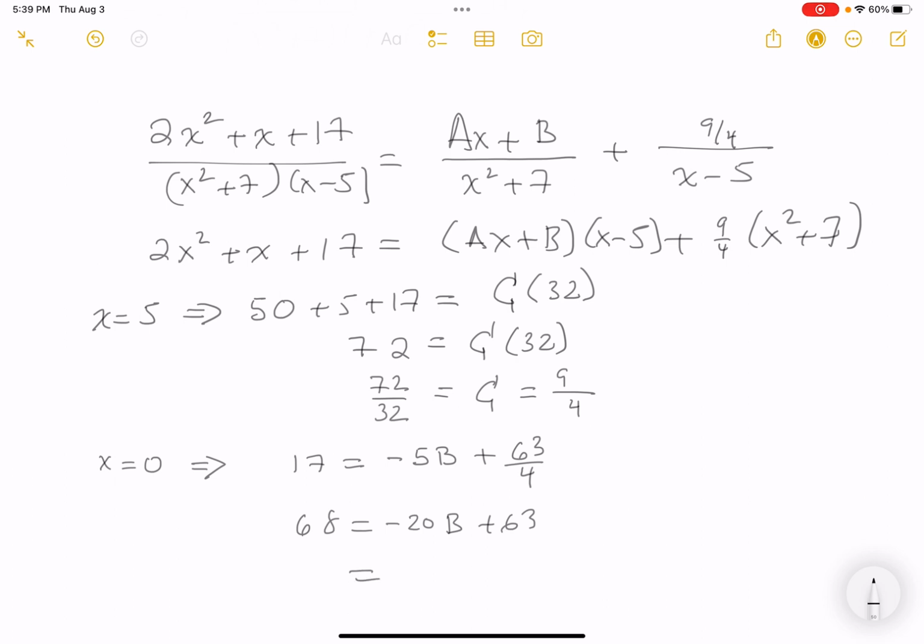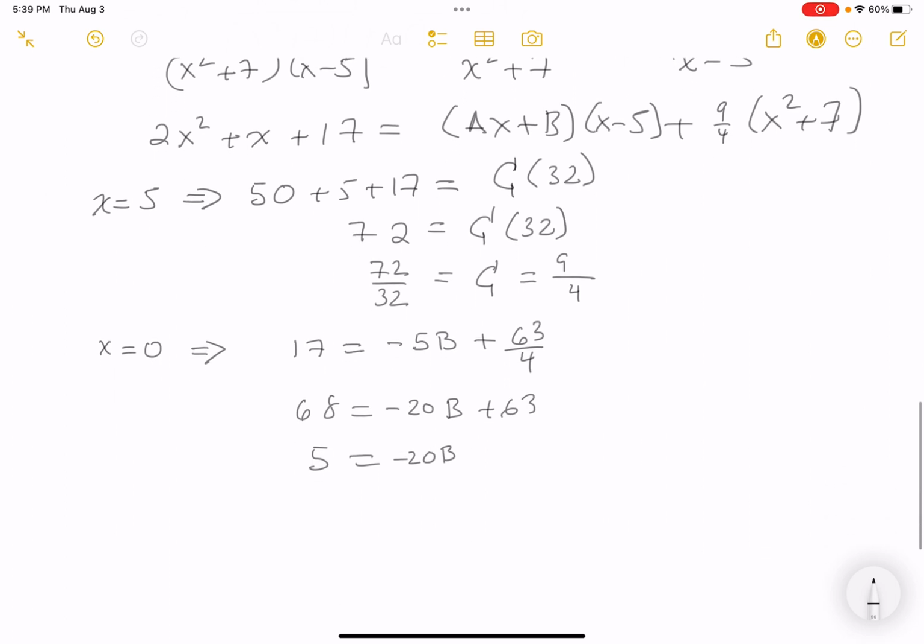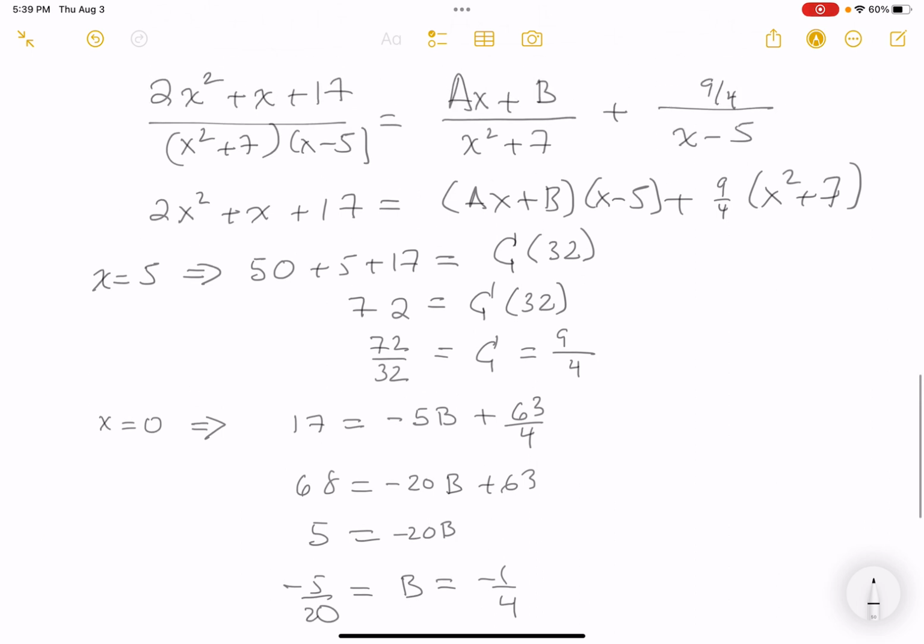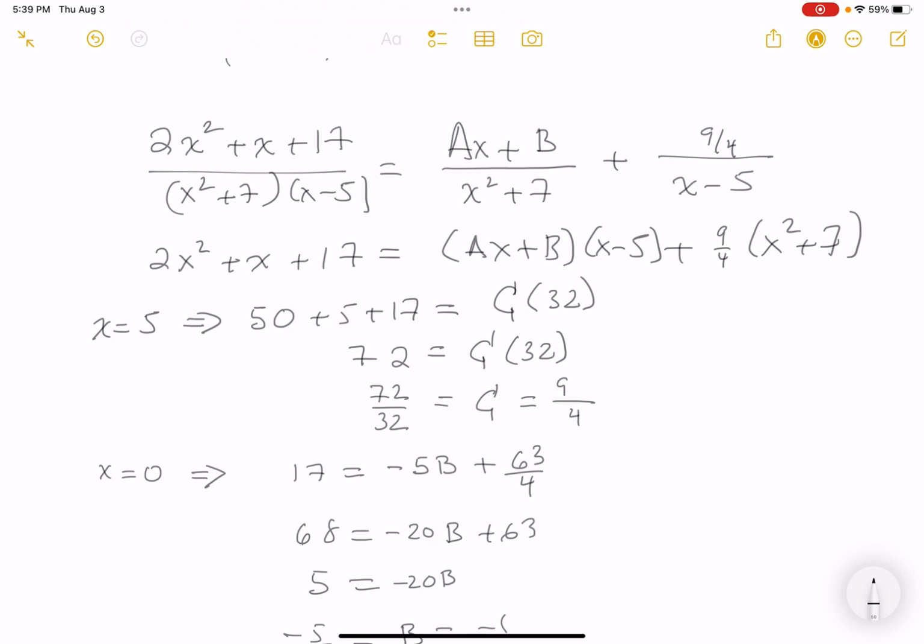What I'm going to do is take 63 from both sides. You get 5 equals minus 20b. I'm going to divide both sides by minus 20, and you would get b equals minus 5 over 20, which is going to be minus 1/4. So let me go back up here, and I'm going to write that down now.